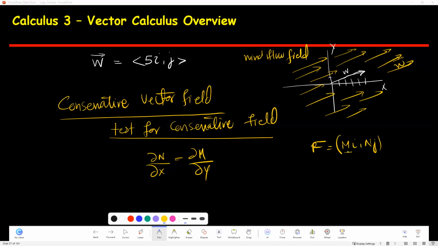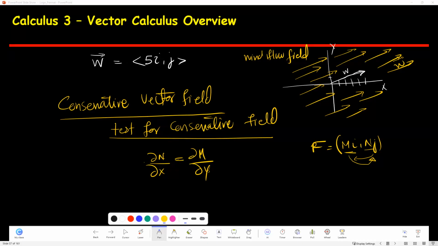So I take the M and take the partial derivative with respect to y, and take the N, take the partial derivative with respect to x, and just test them. If they are equal, it means they are conservative. If they are not equal, it means they are not conservative.